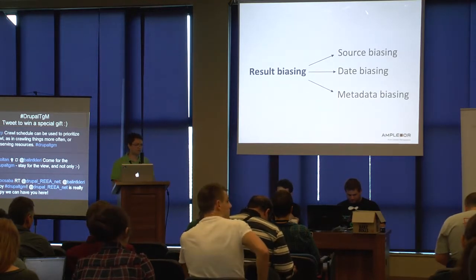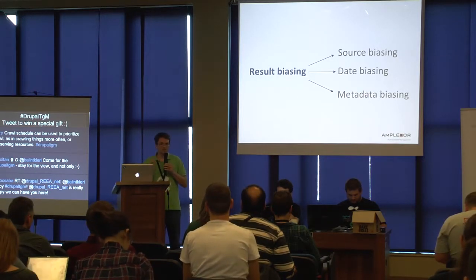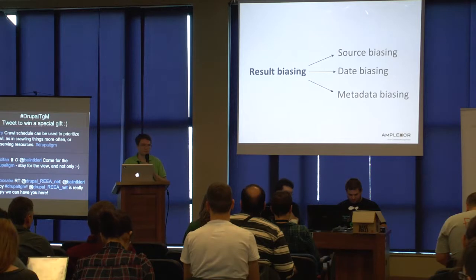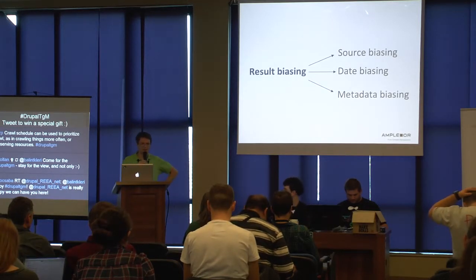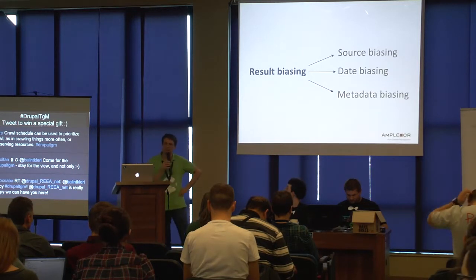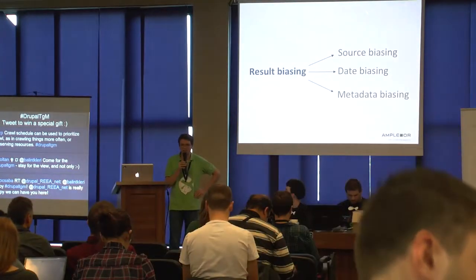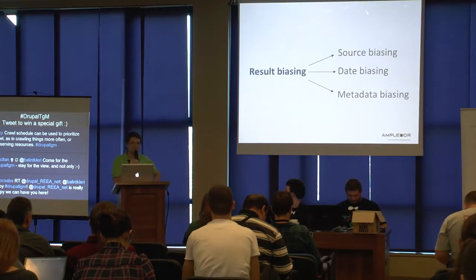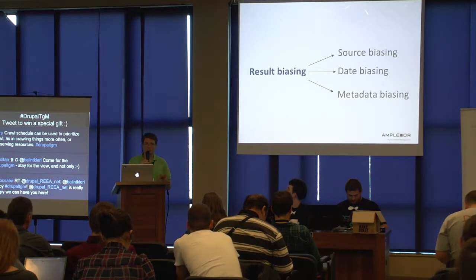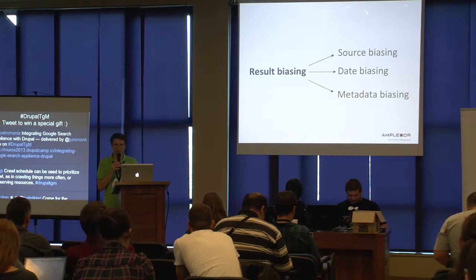You can also do some date biasing, saying give documents with recent dates always more importance. We just use metadata biasing, and we add taxonomy tags in metadata fields of the documents. And then we tell the appliance to be aware that if search terms are coming in which correspond to that taxonomy, it will have to be biased and has a higher priority. So it comes higher in the return list.